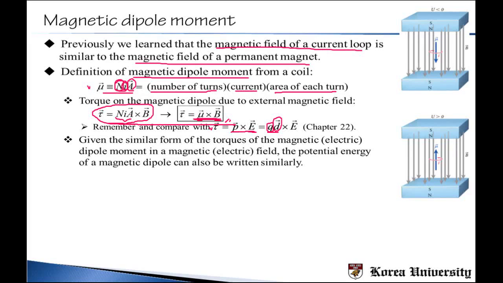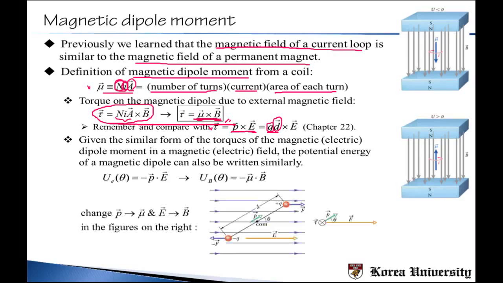And so given the similar form of this torque between the magnetic dipole moment and the electric dipole moment, now we can deduce that the potential energy of the magnetic dipole moment inside the magnetic field is again similar to the potential energy of the electric dipole moment in an electric field. So remember, this was the expression of the electric dipole moment potential energy in the electric field.